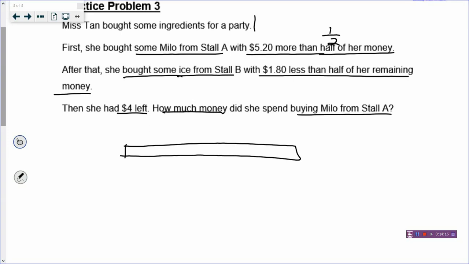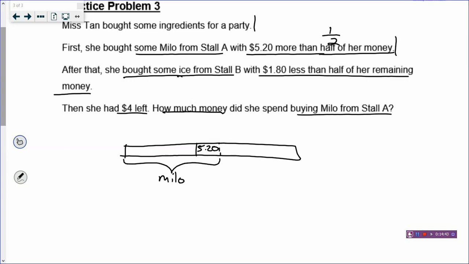So I cut this rectangle into half, and then she's going to use half plus another $5.20 more. So I draw a dotted line to show how much more. And this part of the model is used to buy Milo from store A. That's how you draw the second sentence.